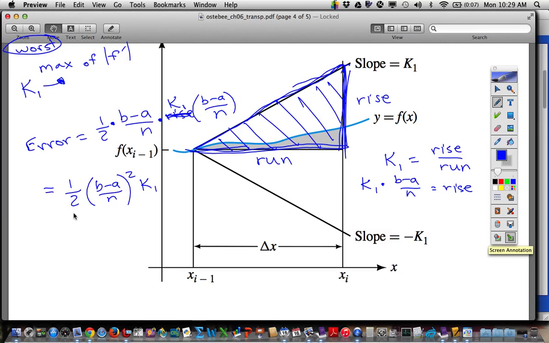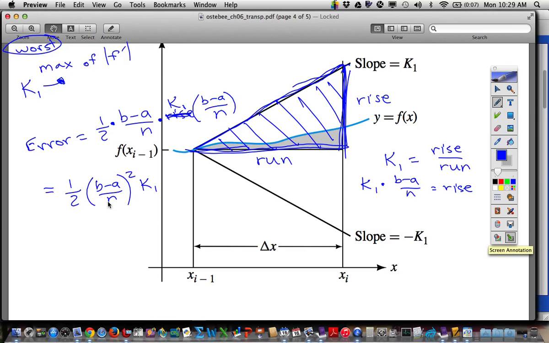It'd really be a pain to do this in every subdivision, to go through and find the max F prime in every subdivision. That would be more accurate. But what we're going to do instead is find the max F prime over the whole interval, A to B, and pretend it has that the whole time, right? That's what we're actually going to do. So let's pretend that K1 is the max slope, not just in this subinterval, but over the whole A to B.